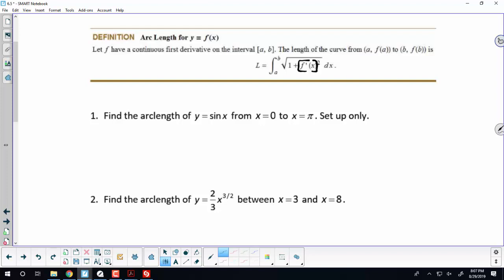So I would recommend starting out by finding the derivative. The derivative of y equals sine x is what? Yeah, the derivative is cosine x. And then we'll take the derivative and square that.